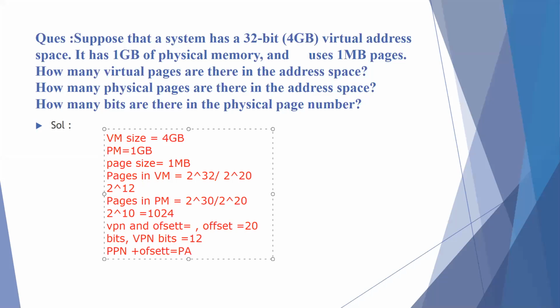So how many bits for PPN now? The total is 30, and offset is 20. So PPN is 10 bits. Very good, absolutely right. I hope everyone is clear with this question now.